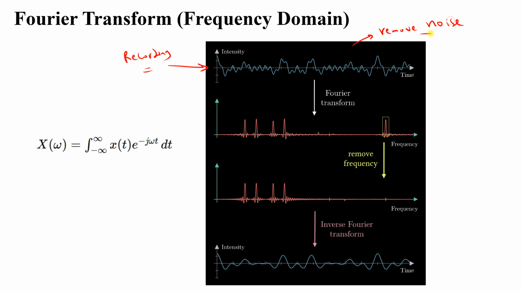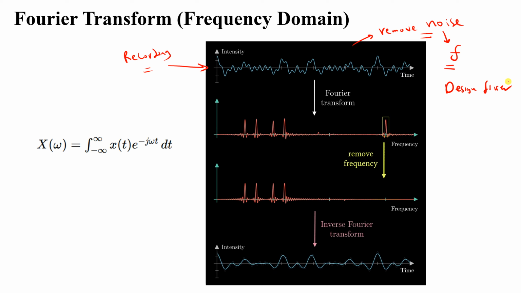I would like to remove noise from this recording here. So how can I do this? So I need to know the noise frequency and design a filter to remove this noise.